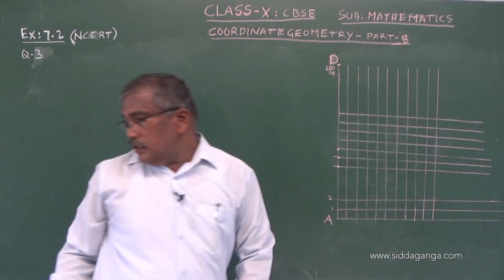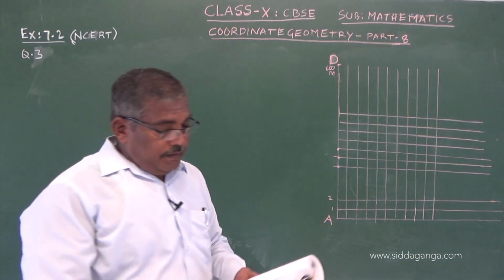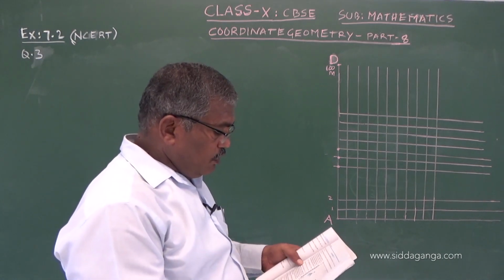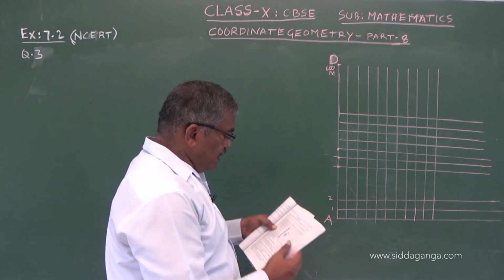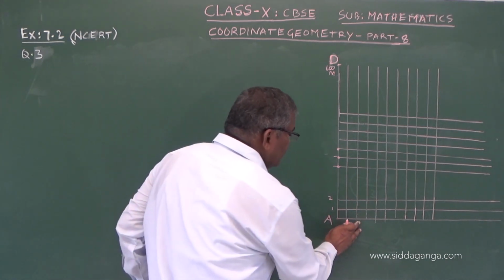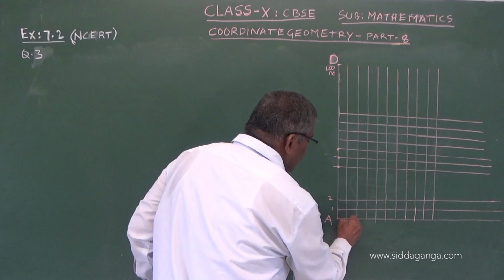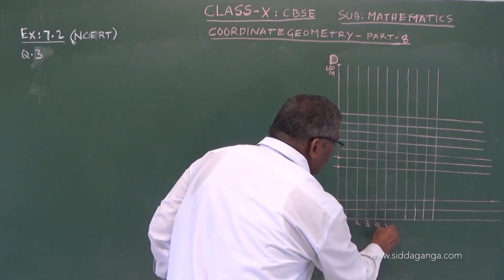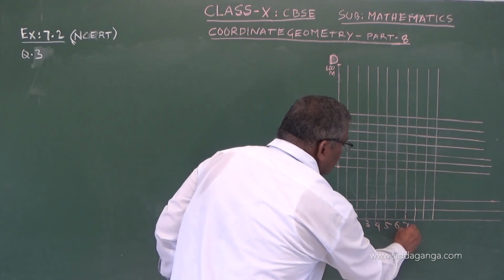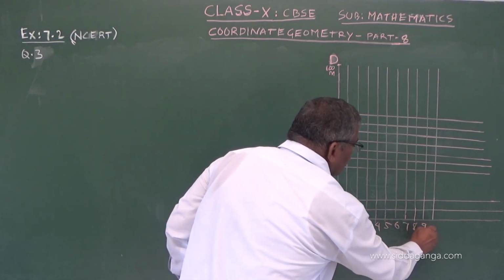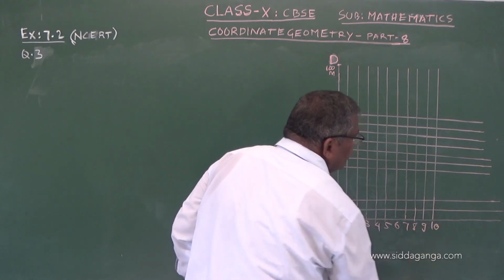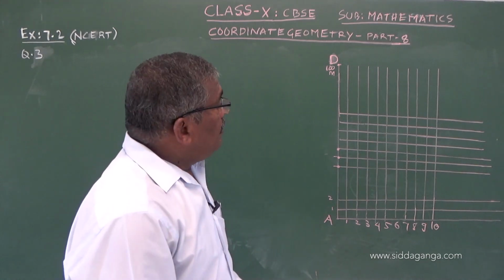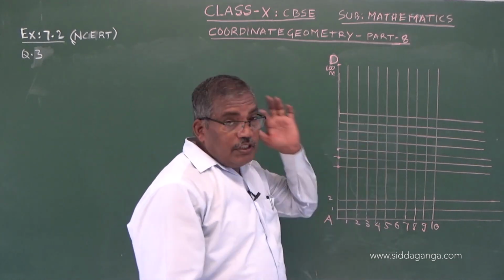So now the next, the question says, Niharika runs 1/4 of the distance AD on second lane. So this is first lane, this is second lane, third lane, fourth lane, fifth lane, sixth lane, seventh lane, eighth lane, ninth lane, and 10th lane. And the lanes will continue, and our problem is restricted to this area now.